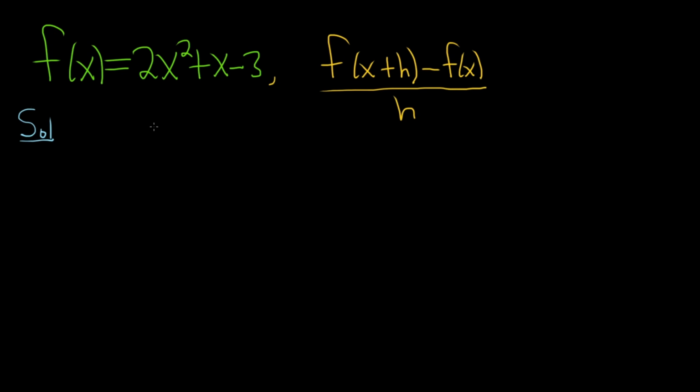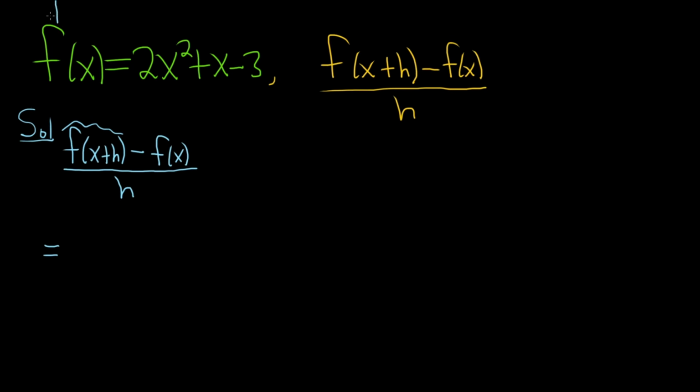Okay, so the first step in these problems that I like to do is write down the difference quotient again. So f of x plus h minus f of x, all being divided by h. Okay, so just carefully write it down. Then this is equal to, so now you just have to figure out what f of x plus h is. f of x is 2x squared plus x minus 3.